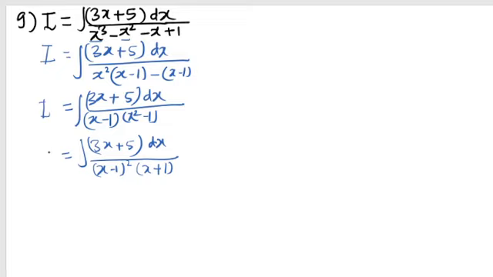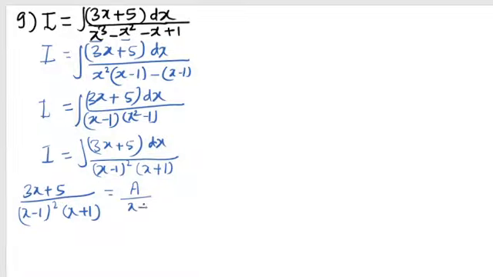Now this 3x plus 5 divided by x minus 1 whole square into x plus 1 is equal to a upon x plus 1 plus b by x minus 1 plus c by x minus 1 whole square.